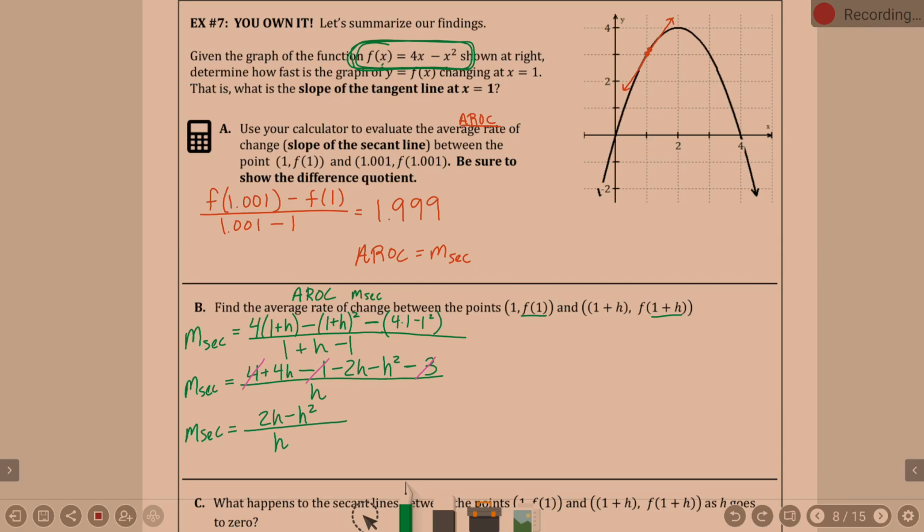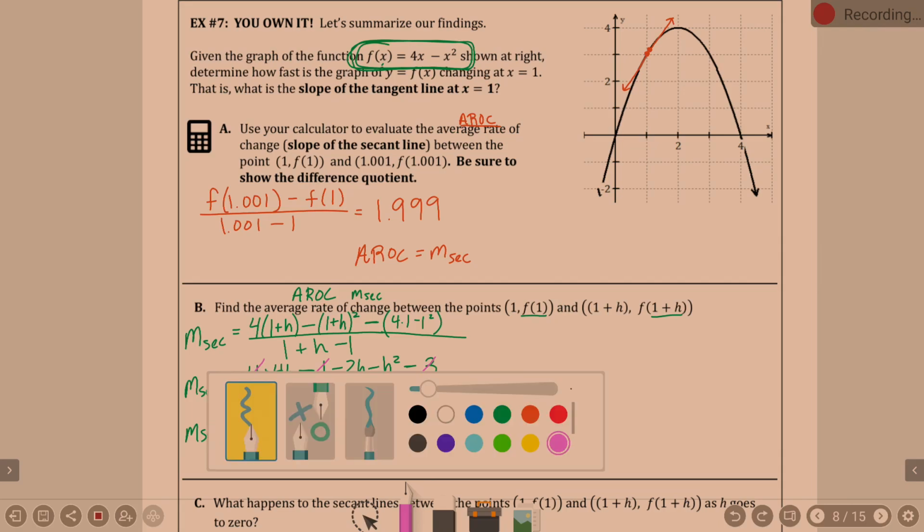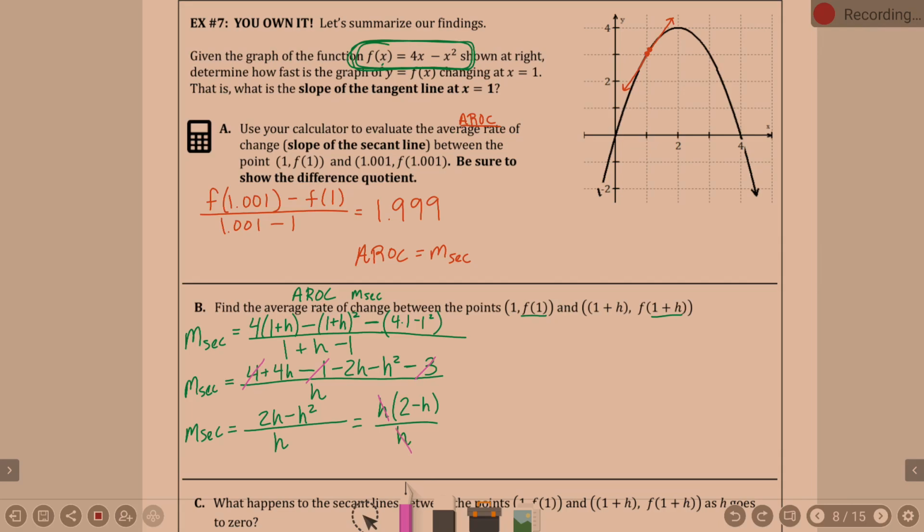Does the h squared and the h cancel? So basically a single h cancels out of everything. Good form is I'm going to factor the h out on top. So if I factor the h out on top, I'm left with 2 minus h in parentheses over h. And now you officially cancel the h. Does that make sense? So now this just becomes 2 minus h.